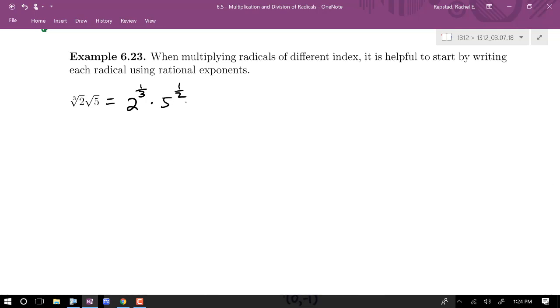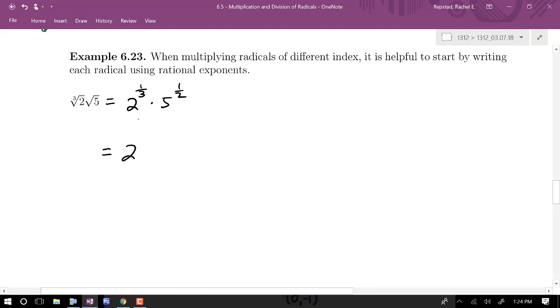So in its exponential form, if I want to write it as a single radical, then I want to write this as something raised to a single power. I want to get a common denominator of those exponents. I've got the 1/3 power and the 1/2 power.